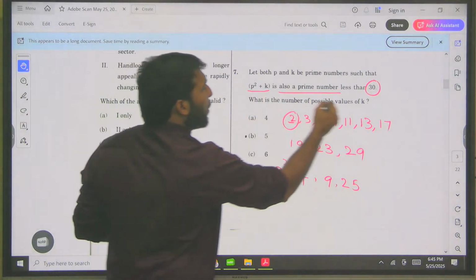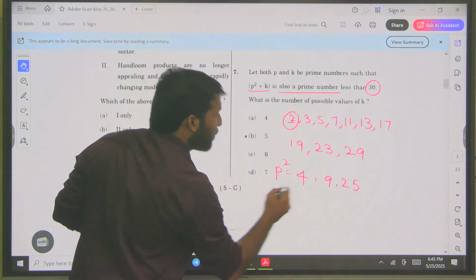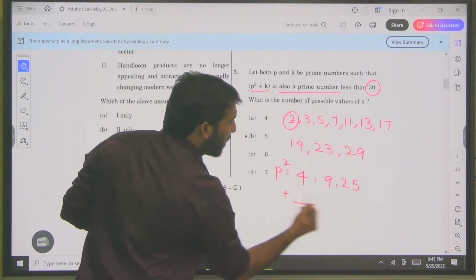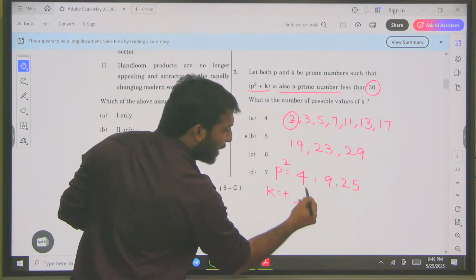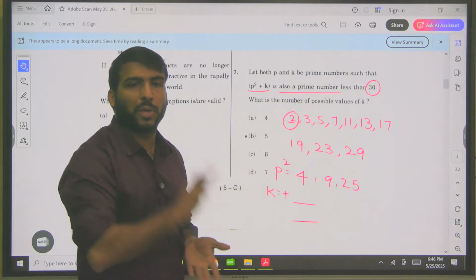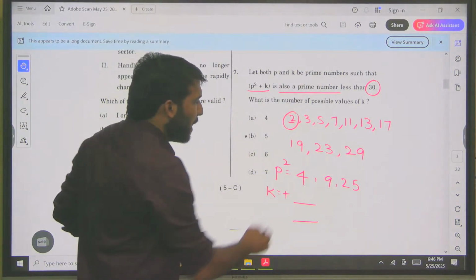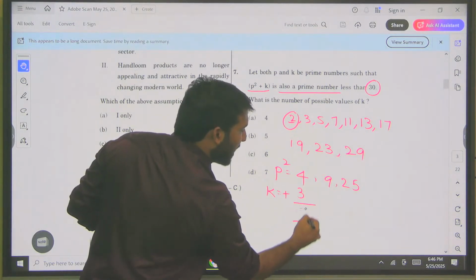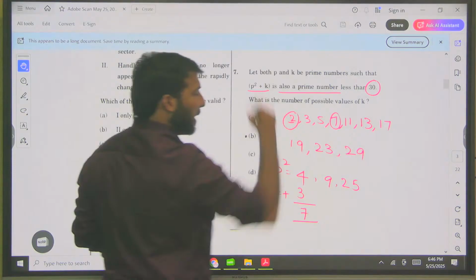And what are the possible values of K? For example, if P square is 4, if I add some number that is K, I should get a prime number which is within the limit of 29, like less than 30. If I take 4 plus 3, I am getting 7, which is a prime number available here.